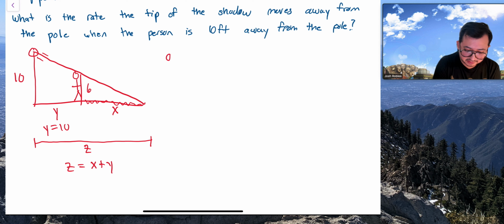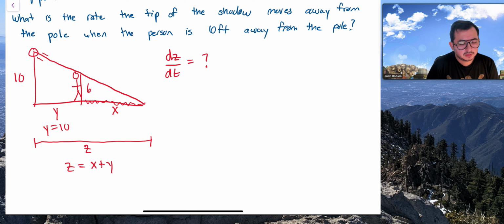So the question is actually this variable dz/dt. So it's not quite dx/dt. That would be the rate that the shadow is moving away from the person. And it may or may not be the same, because the person is also moving away from the pole. Maybe it's a quick addition or subtraction of those rates, and so maybe the answer at the end would be very similar, but we have to check all of those to be careful.